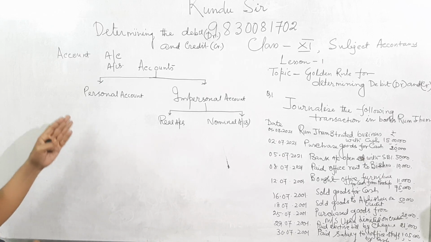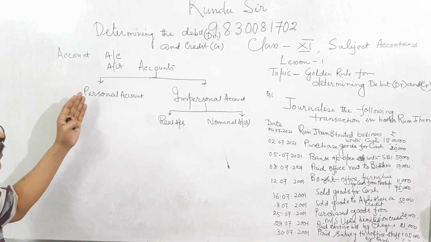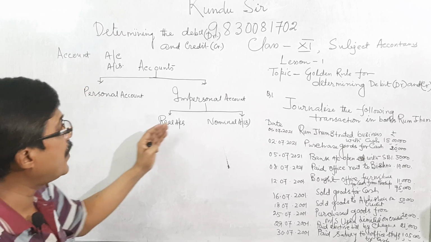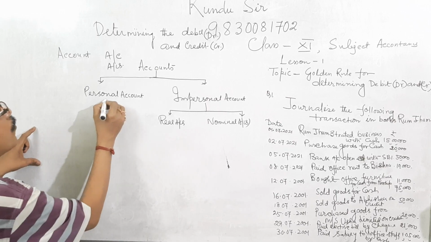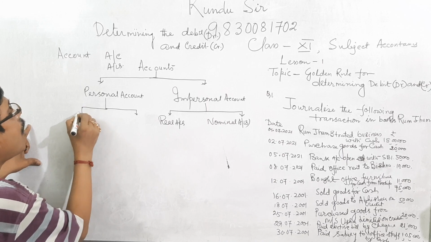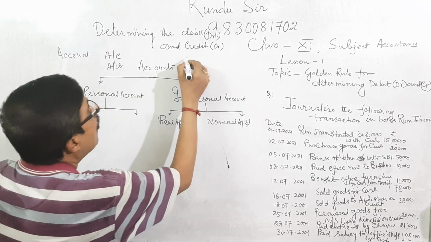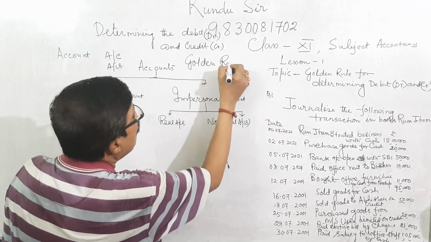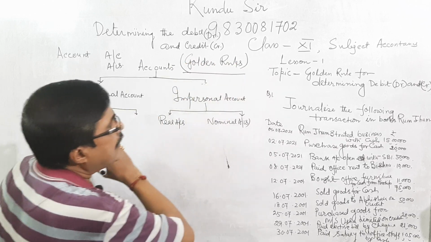So a transaction may be done with a person, that is, in a personal account, or it may be related to real accounts or nominal accounts. Now, for debit and credit, I am writing the golden rule, which is termed the most important thing.